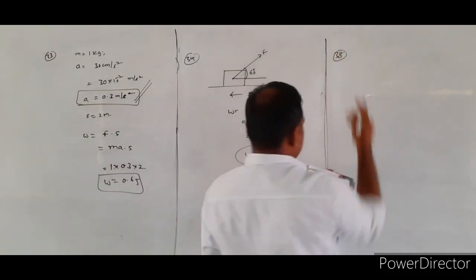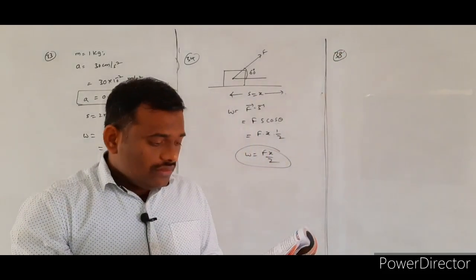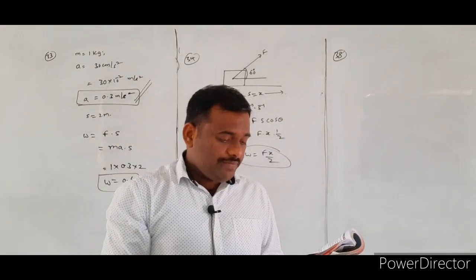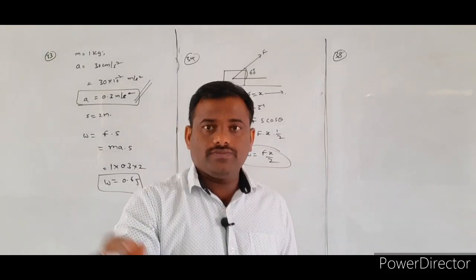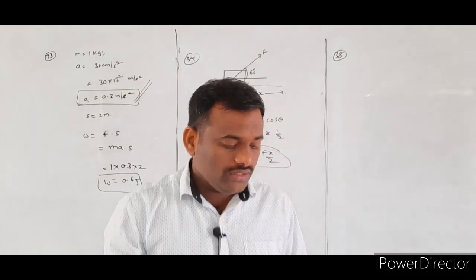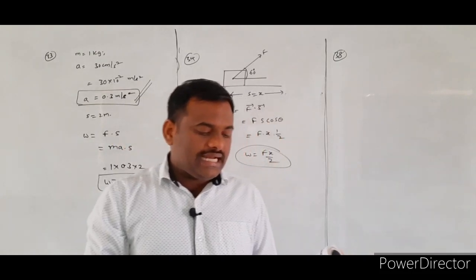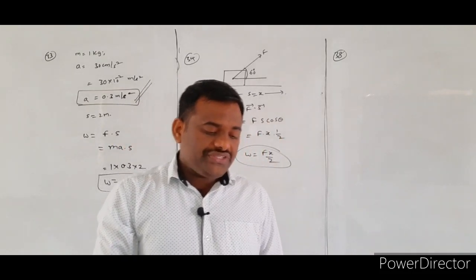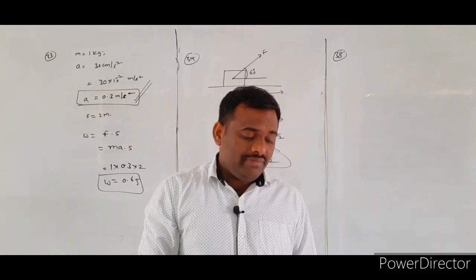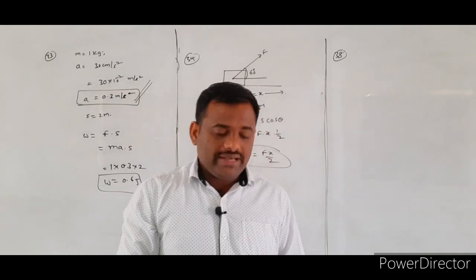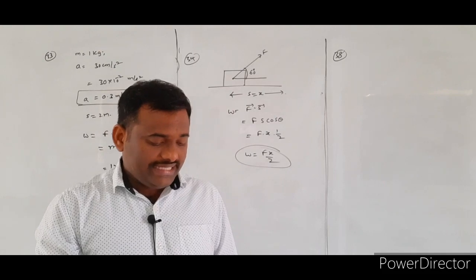Problem number 38. A body of mass 3 kg is under a constant force which causes a displacement s in meters in a time t, given by the relation s is equal to 1 by 3 t square.